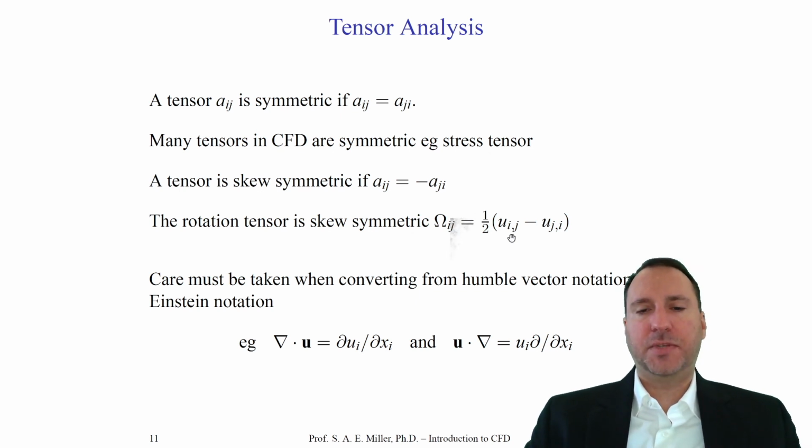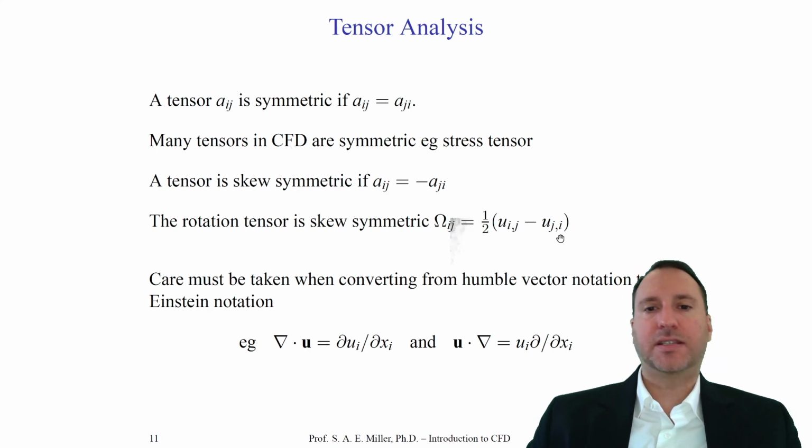Notice the commas between i and j and i. This denotes the partial derivative operation. So this might mean 1/2 of the quantity partial ui partial xj minus partial uj partial xi. See if you can write that out and expand the terms. There'll be a lot of them.